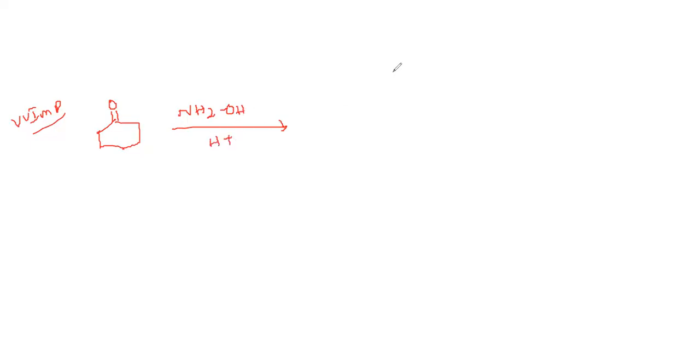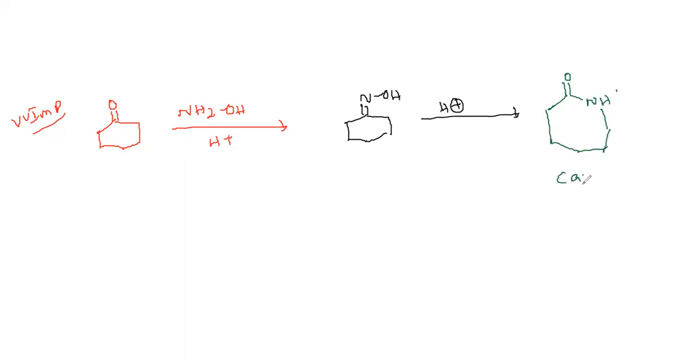In the presence of acidic medium, it forms a ketoxime, NOH. Whenever an oxime is treated with H plus, we consider it a Beckmann rearrangement. Here it forms C double bond O, NH, in a 7-membered ring. This is what we call caprolactam.